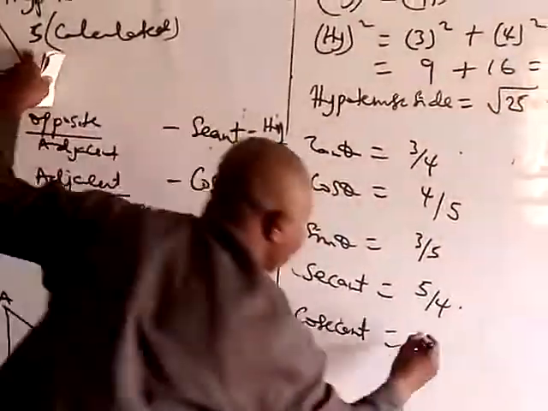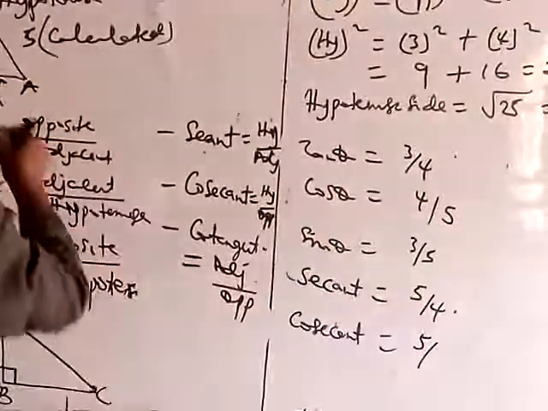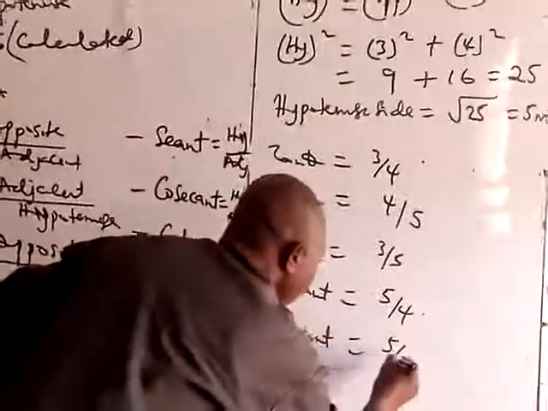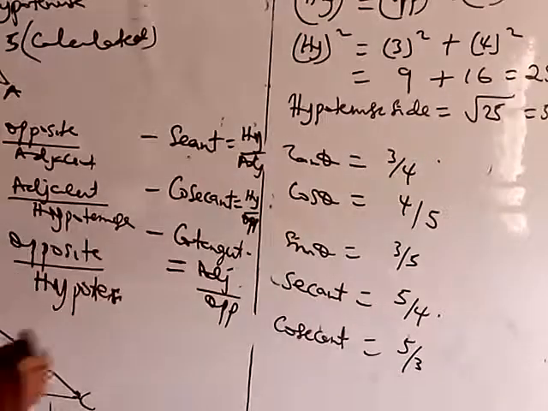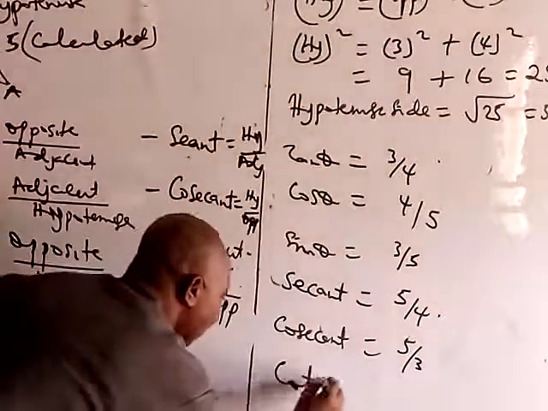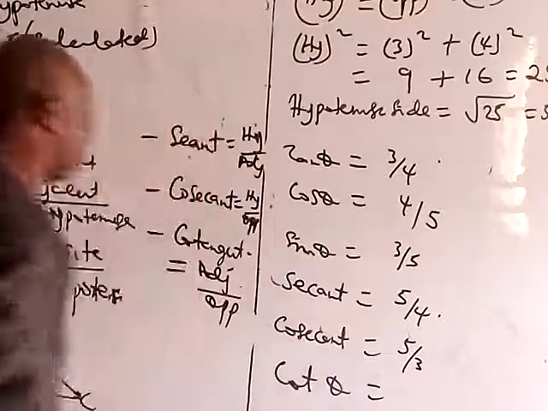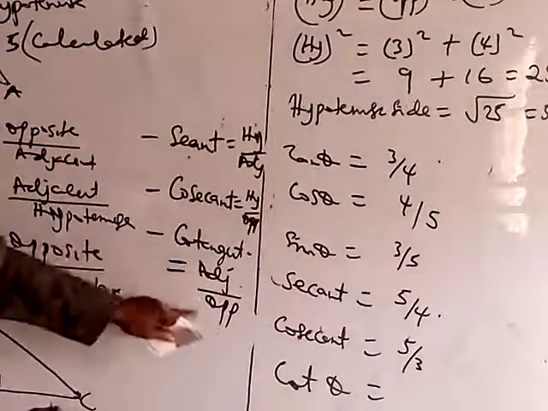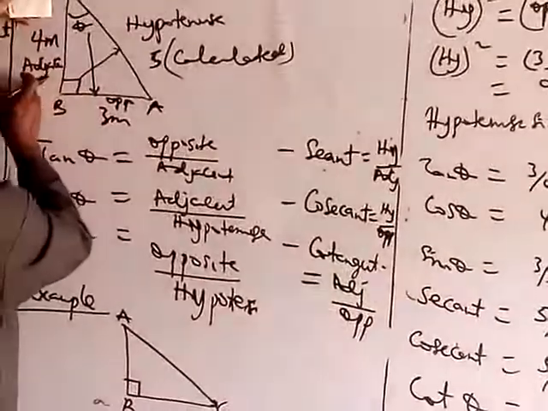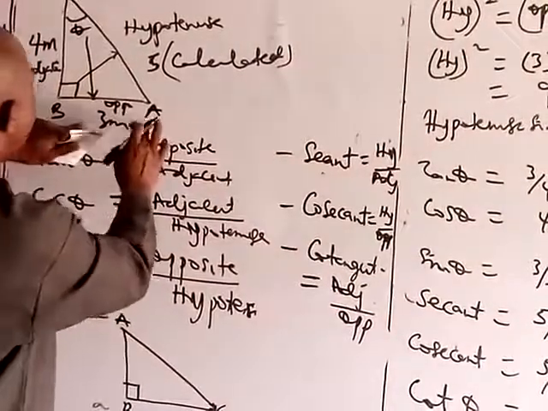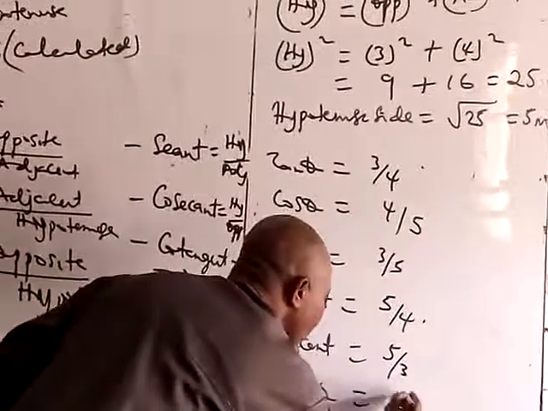That is 5 all over opposite side, which is 3. While the last derived one, we call it the cotangent. The cot theta is calculated as adjacent side all over opposite side. That's 4 over 3.